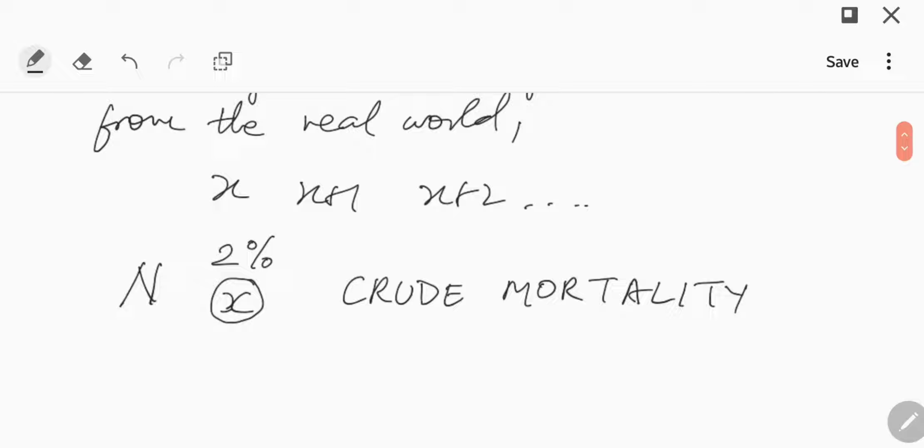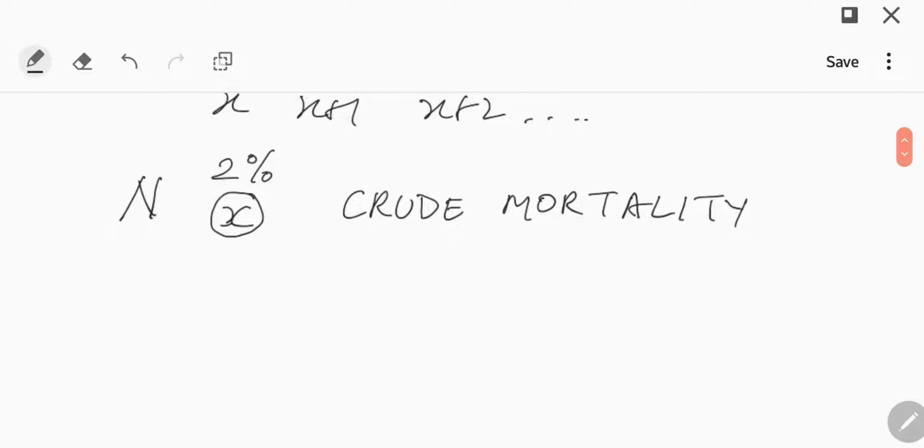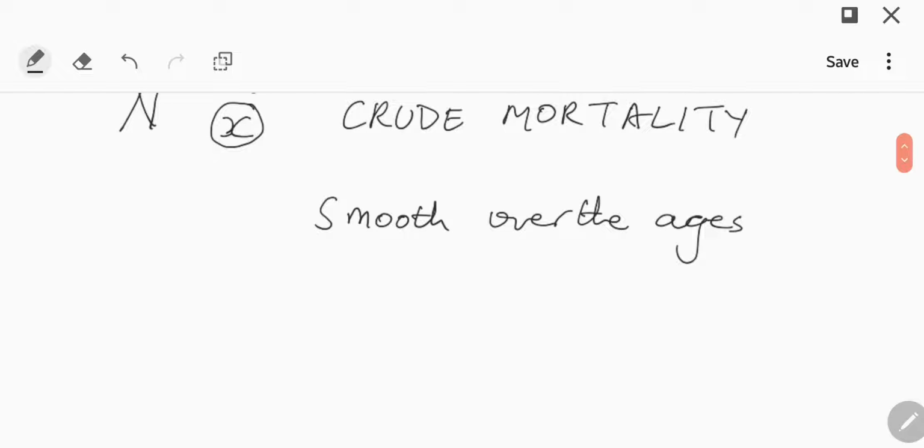With respect to this crude mortality, there could be some kind of problem where the values will not be smooth over the ages. Probably it may so happen that during the observation period, people with age 20 may have died more than age 21, or for age 22 the numbers, or the proportion, would have been lesser.